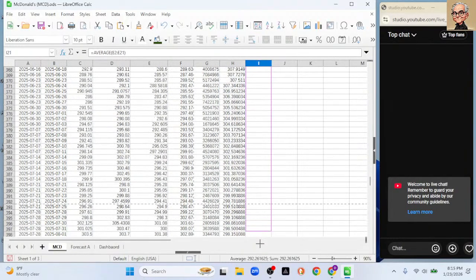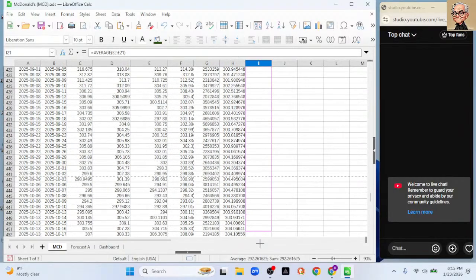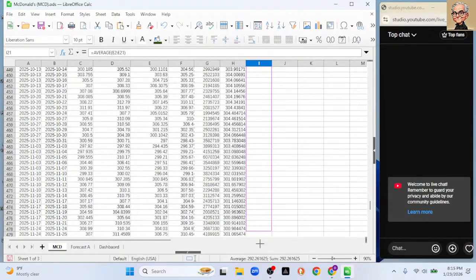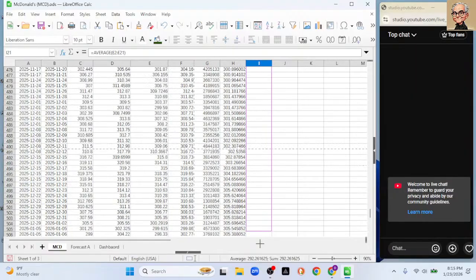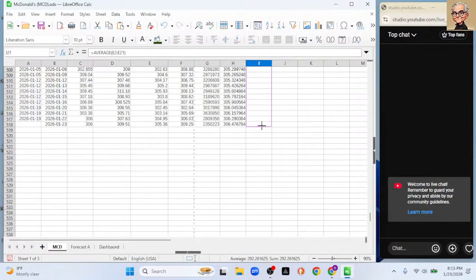So I've been working on my forecasting skills, and I will say that the forecast that LibreOffice Calc does is a little bit less conservative. Okay.